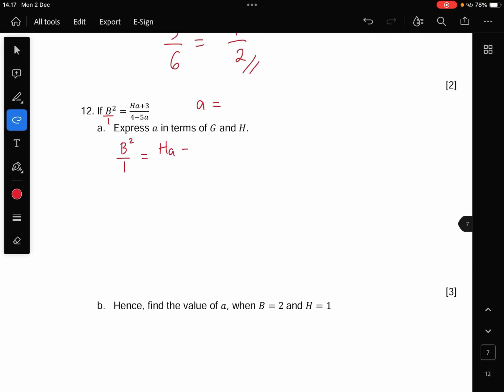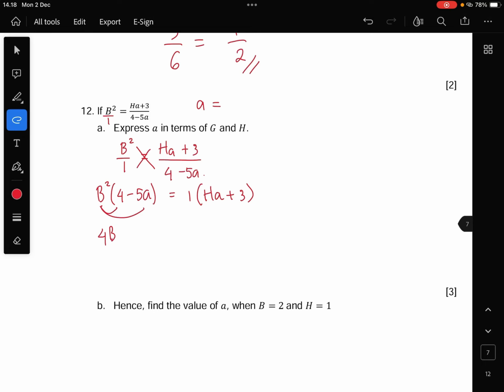So we have 8a plus 3 over 4 minus 5a. If we need to find a equals something, we do the cross multiplication. b squared multiplied by 4 minus 5a equals 1 multiplied by 8a plus 3. We do the expansion.